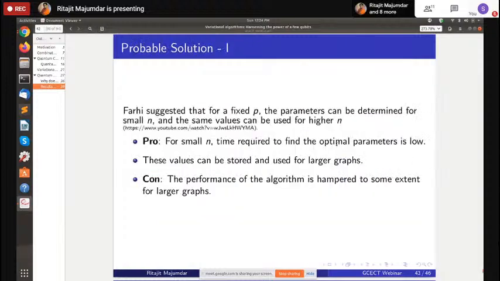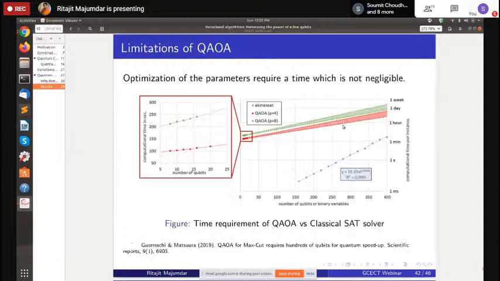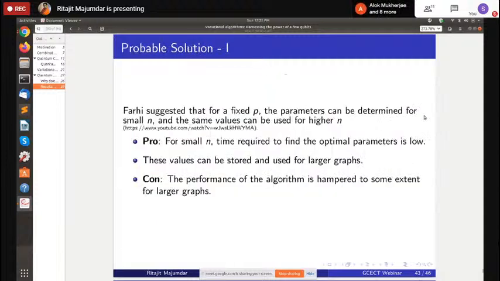So when n is small, you can exhaustively search for the parameters, and then you store these parameters, and even for higher n, you use these parameters only. Because as you start growing for higher n, the time requirement for optimization grows, so you don't have to give that much time. You do that once, store it, and use it later.